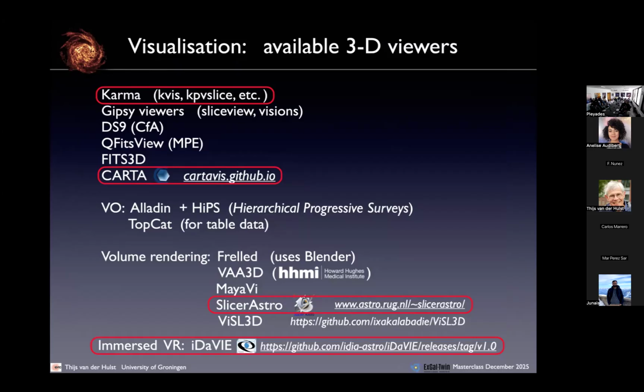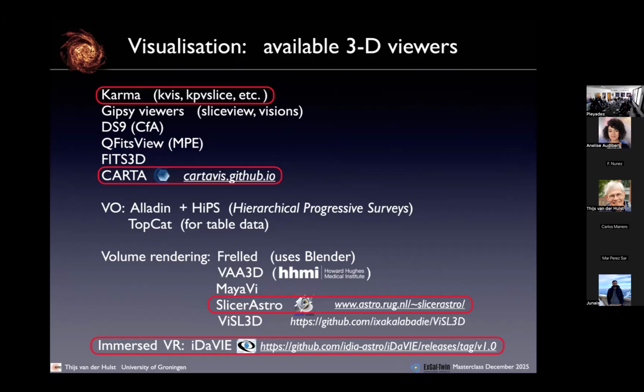So you basically type in the command line, and it spawns a window where you can view your data. Then there is CARTA, which I think is by now a system many more people are using because it is becoming more and more versatile. It's also becoming harder and harder to learn how to handle it.